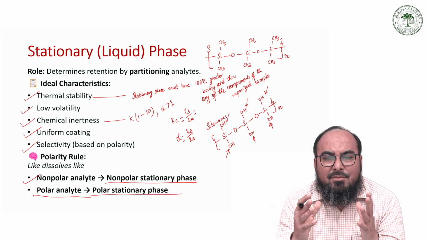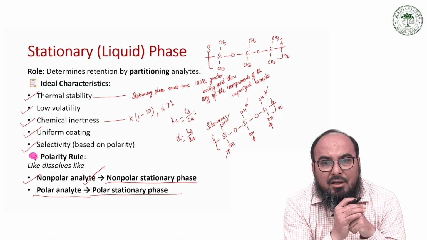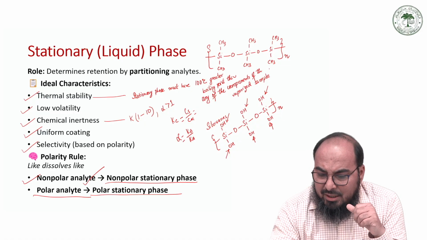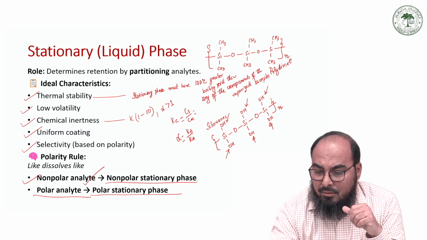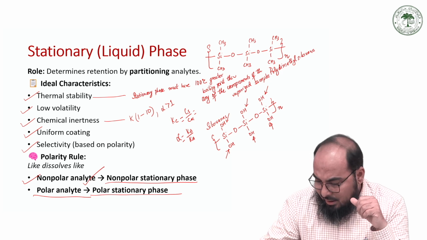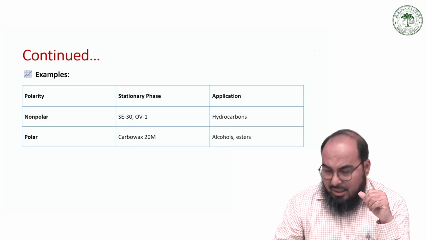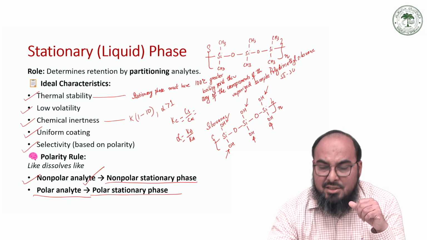And the moment it becomes non-polar, it is going to favor the non-polar analyte. So this becomes polydimethyl siloxane, and this comes under the name of SE30, which we are going to study. This is the trade name of it.